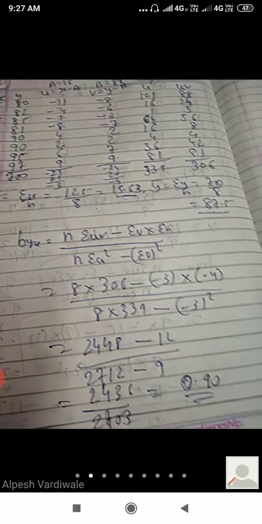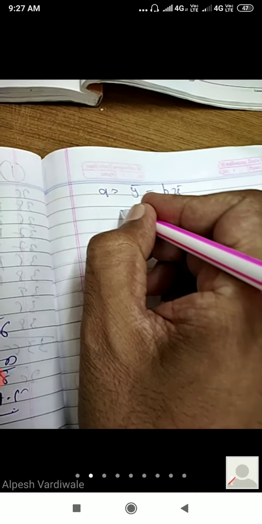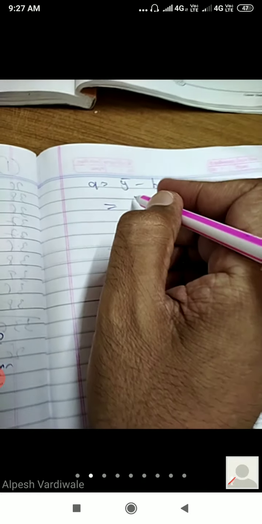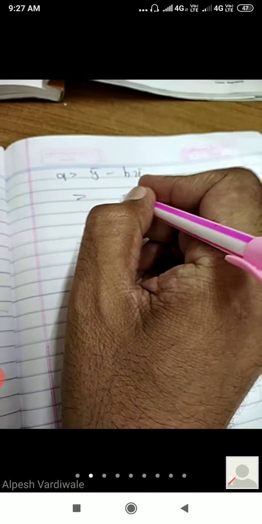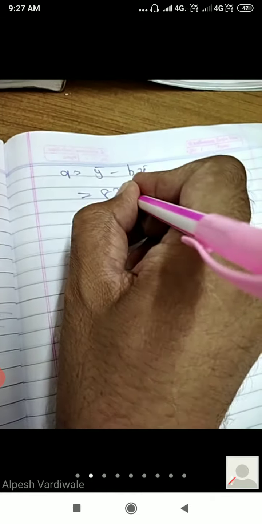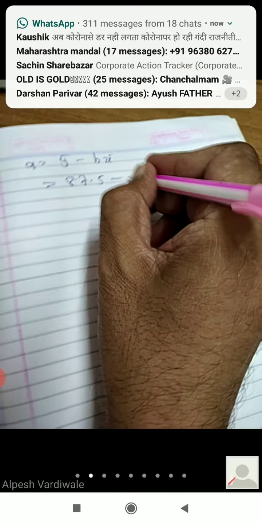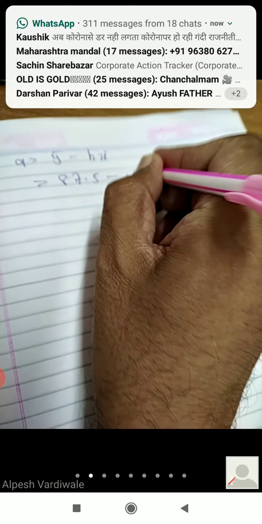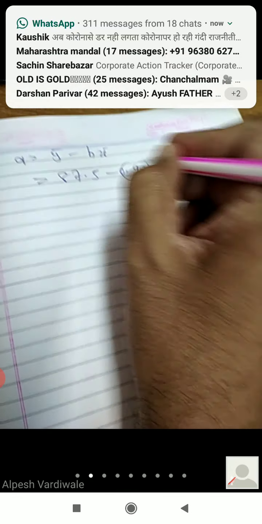Now multiply the value 15.63 into 0.9. What is the value? 14.07. Okay. Now minus the value here. Okay. So your value of A, that is 73.43. Now y cap. Okay.